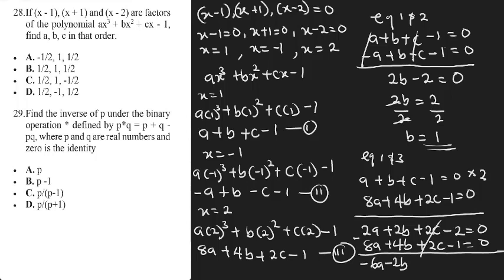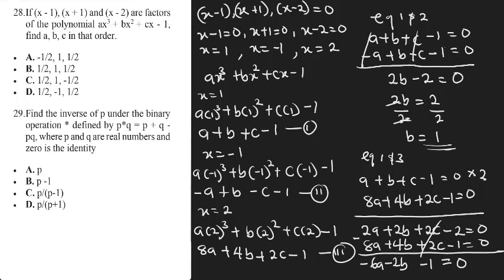Then we have -2 - (-1), so -2 plus 1 is -1. So we're going to have -6a - 2b - 1 = 0.